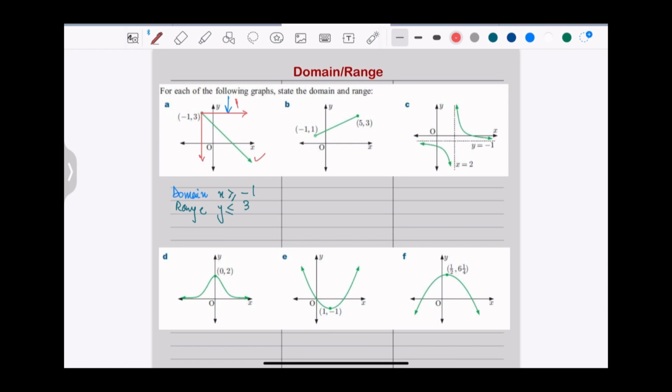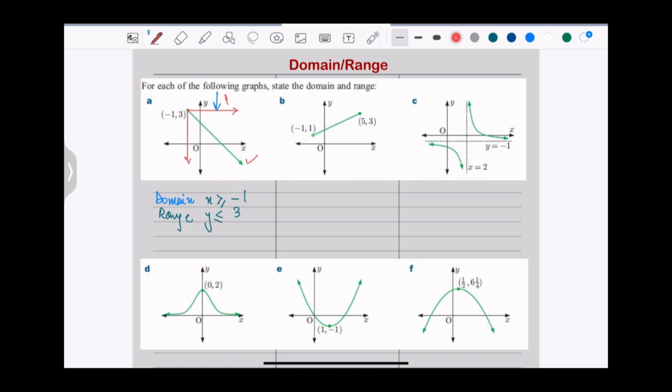Now for b, it has a starting point with a hollow and an ending point. So the domain is going to be -1 is less than x is less than or equal to 5, and the range is 1 is less than y is less than or equal to 3.